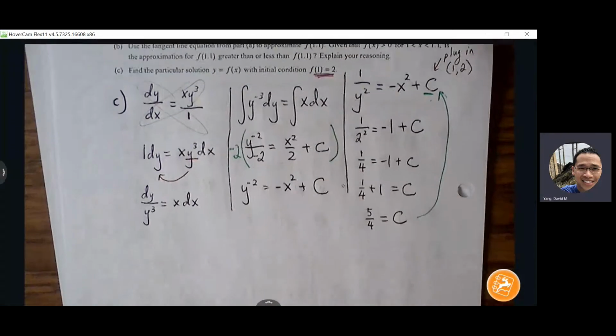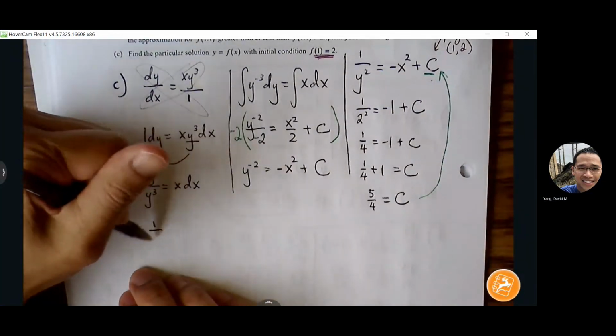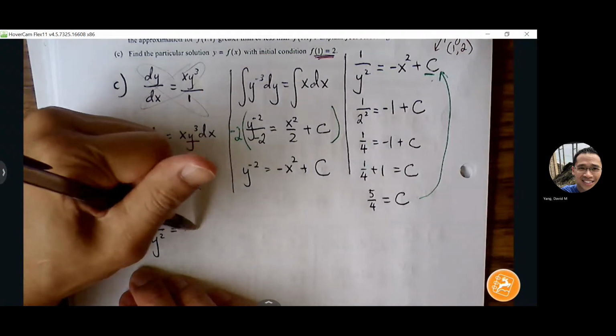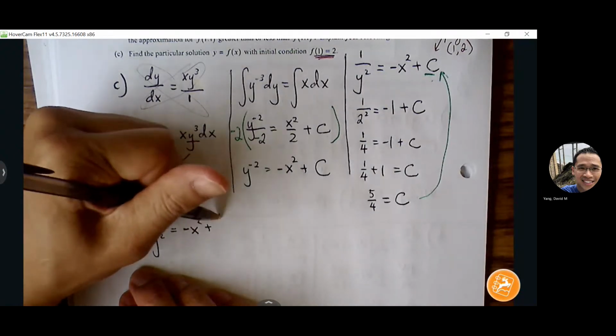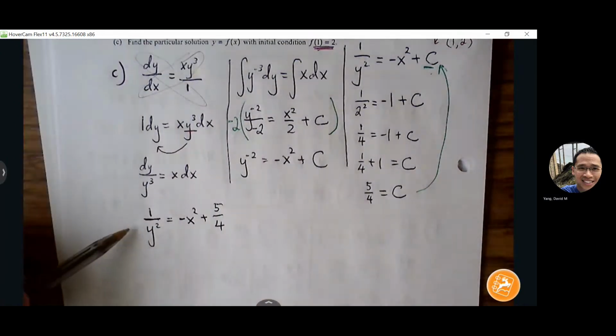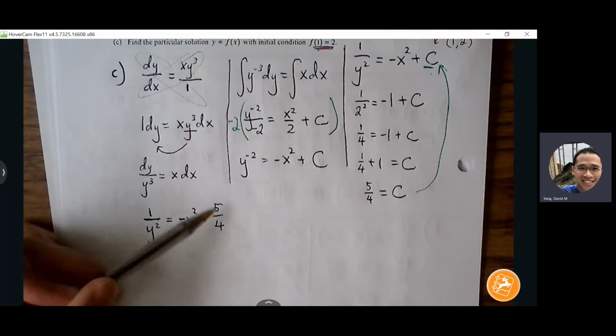Okay, so once I have 5/4, I'm going to go back and replace that c value, and then maybe I can try to get that y by itself. Okay, I want that y in the numerator, so maybe I can just flip that y to the top. But if I flip that y to the top, I also need to do the same thing.